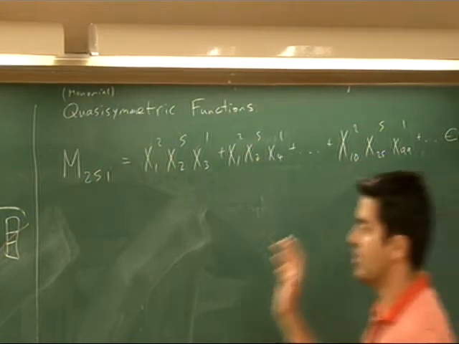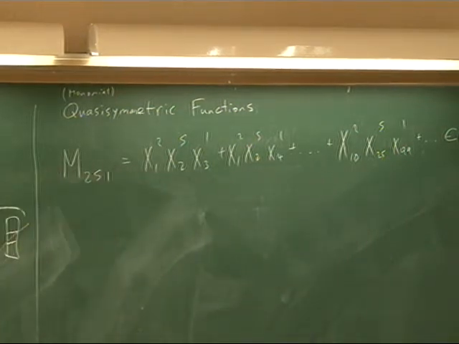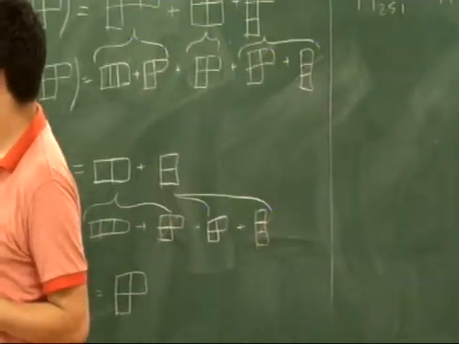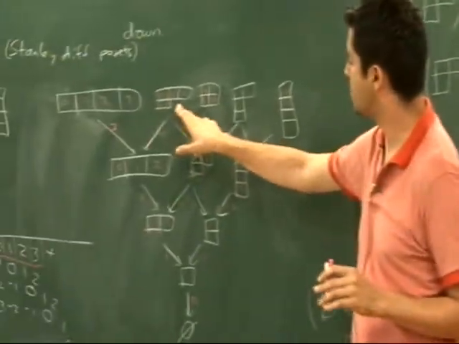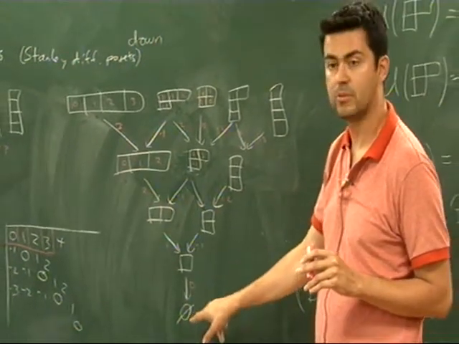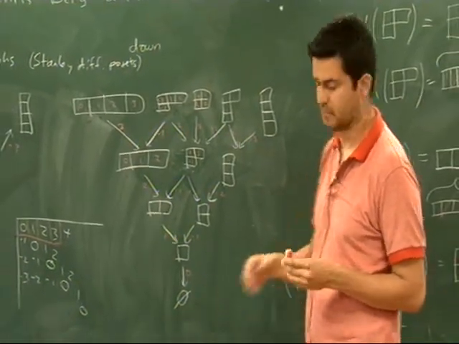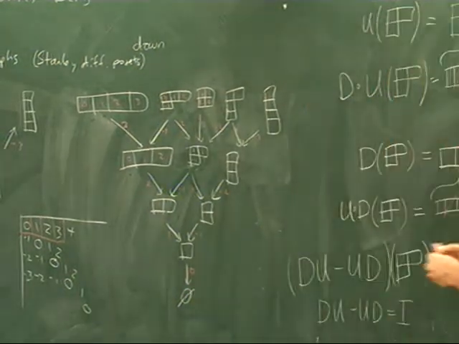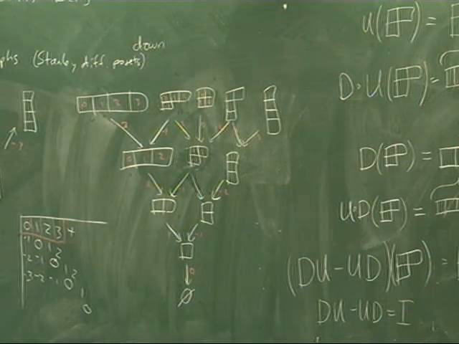Okay, so I'm just going to take, for example, this partition, and I'm going to construct a symmetric function for this partition. So I take all the possible ways to go down to 0, to the empty set. And for this partition, there's 3 ways. Yep. So I'm going to draw them here.